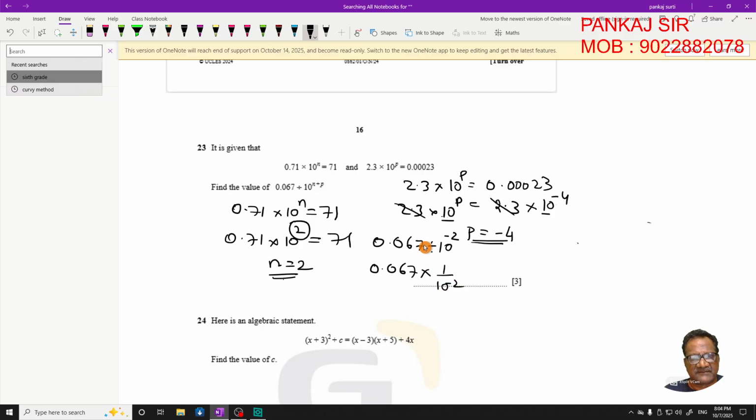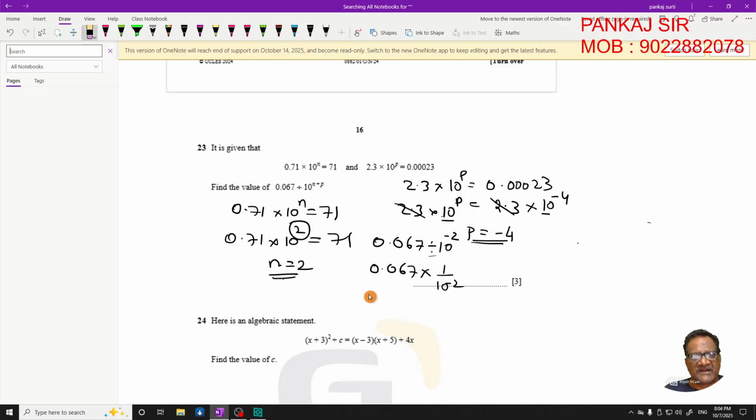This division I am converting into multiplication. I can write it this way also, 0.067 divided by 10 raised to minus 2. One and the same thing.